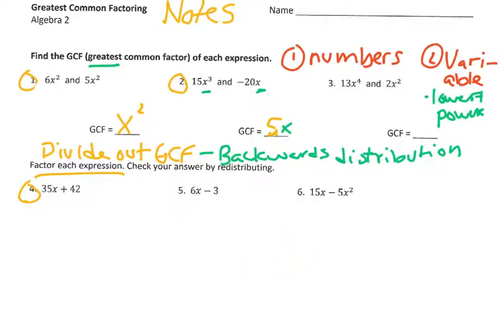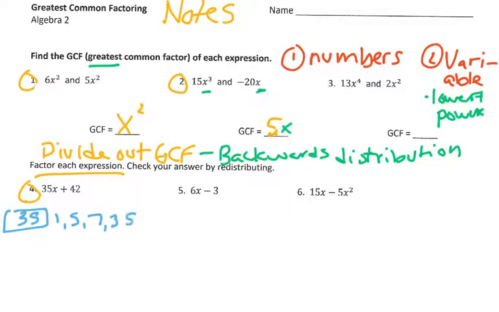Alright, so in that case, we're going to take a look at 35x plus 42. And so we're going to see what can divide into both of them. So just like we did above, we'll look at the number. And so taking a look at the number 35, our multipliers of 35 are going to be 1 and 5 and 7 and 35.